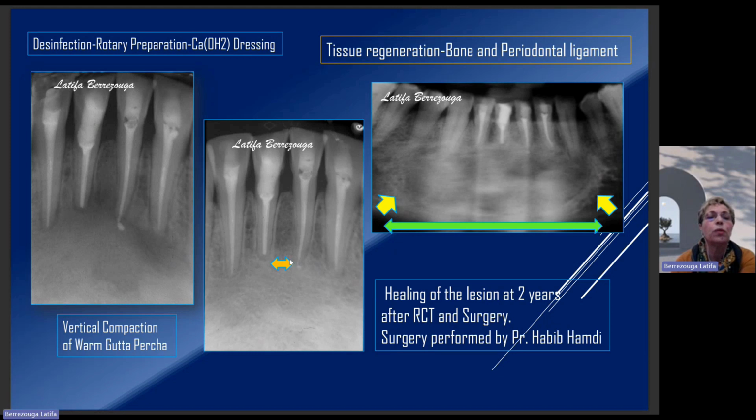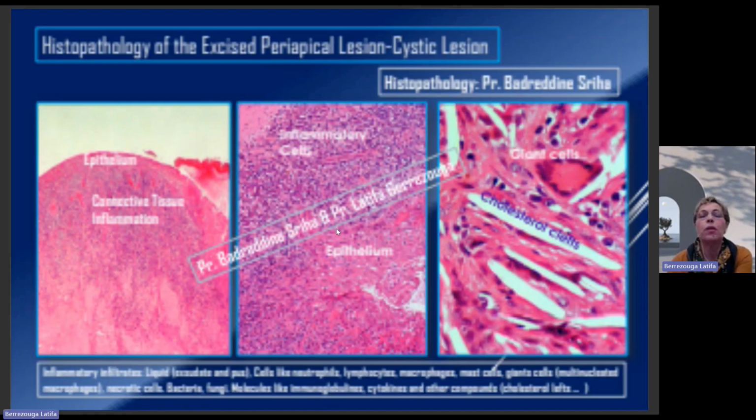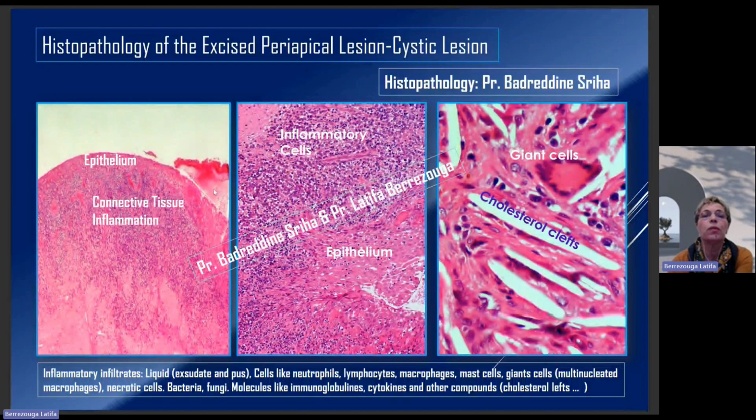Bone tissue, the alveolar ligament, and you see this kind of healing of this very big lesion, okay? So when you did histology, this is very interesting because the histology confirmed the cystic lesion.